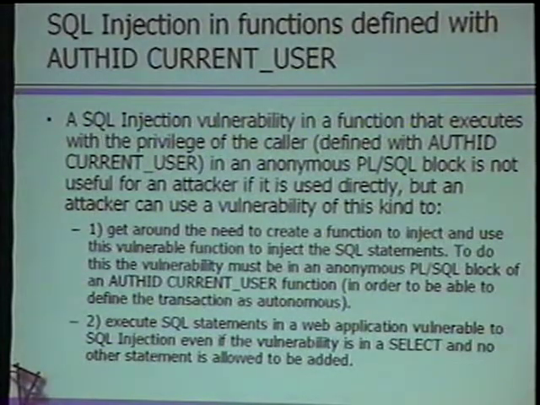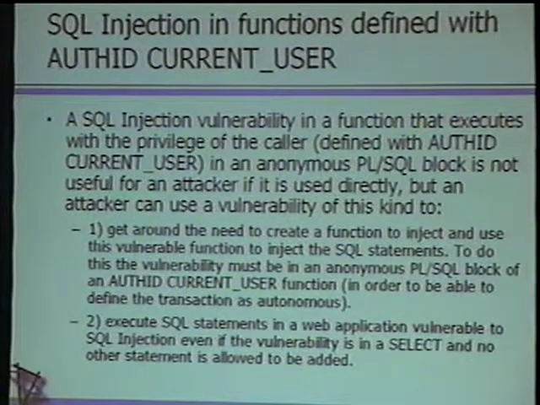Well, now all the other vulnerabilities that we have seen were executed with the privilege of the owner, in that case, the SYS user. Now we will see SQL injection vulnerabilities that execute with the privilege of the caller.